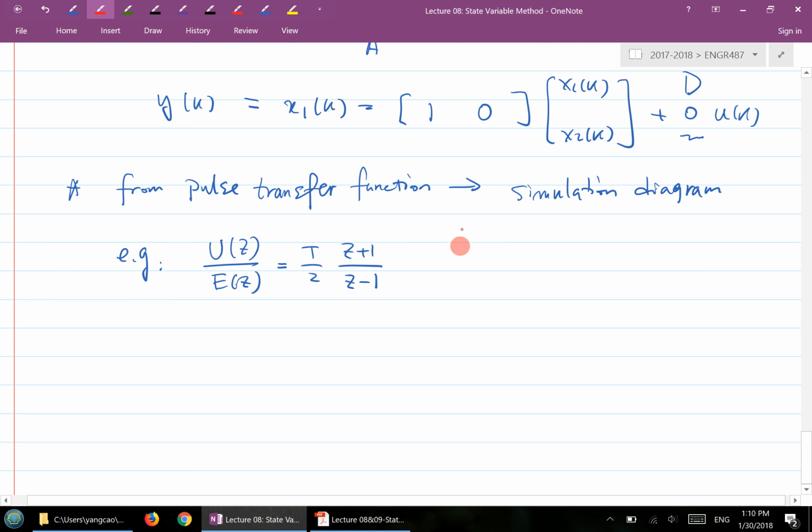It's the trapezoid, or Tustin's method, for numerically approximating 1 over s.